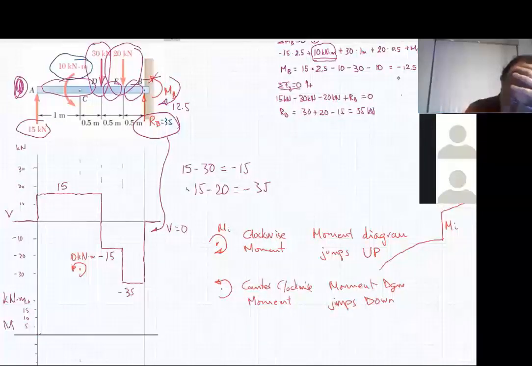So let's say you are drawing your diagram, then you find your moment here, you go down, and then you keep going. This is MI. So in this case, our moment is counterclockwise, so the diagram has to jump down. Our moment comes over here, then boom, goes down and then continues.